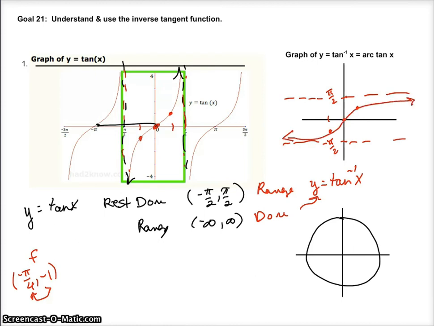So you can see that the domain of inverse tangent is -infinity to positive infinity, but the range holds between -pi over 2 and positive pi over 2. So we'll put those on our unit circle. And just like inverse sine, inverse tangent also is maintained in quadrants 1 and 4.